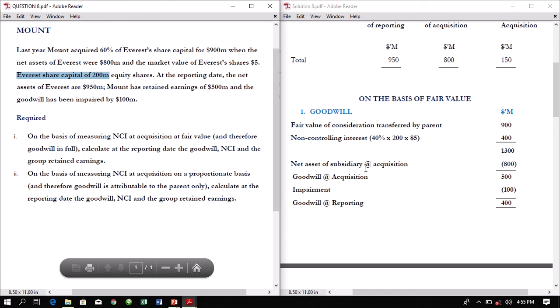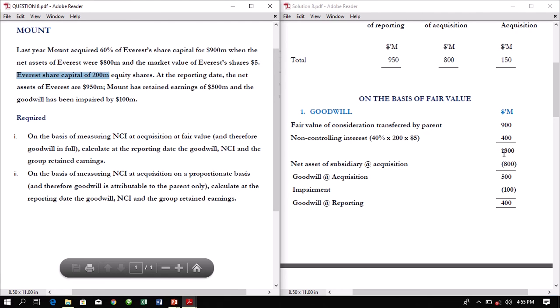If I have 200 million equity shares available in the subsidiary, and according to our group structure, my non-controlling interest own 40% of that share, how many shares belong to my non-controlling interest? That is 40% of 200 million shares. Now, how much is the share price? $5 multiplied by 80 million shares gave me the value of my non-controlling interest to be 400. Summing it together gives us 1,300.